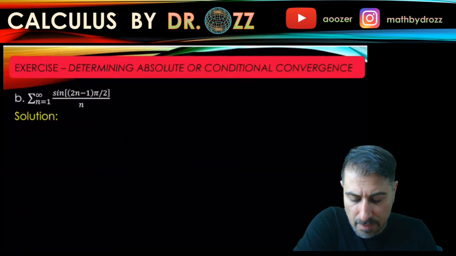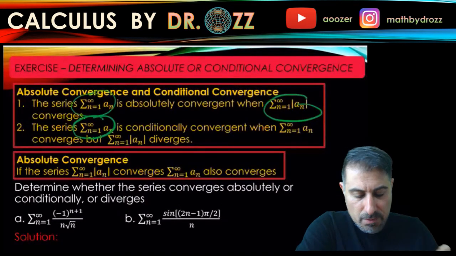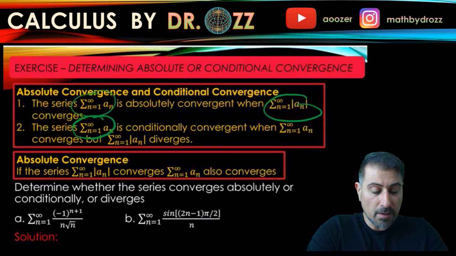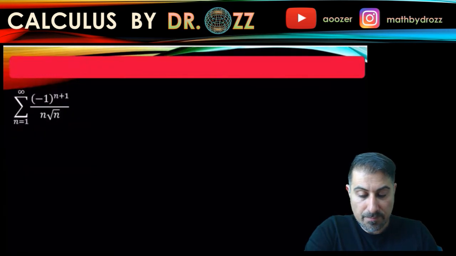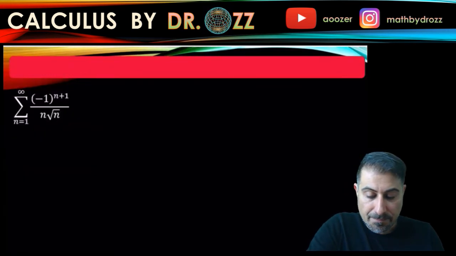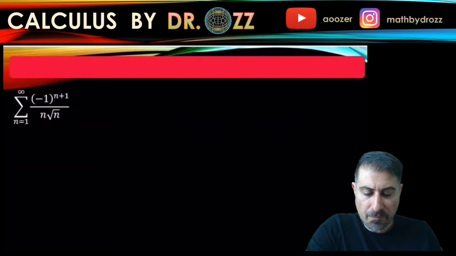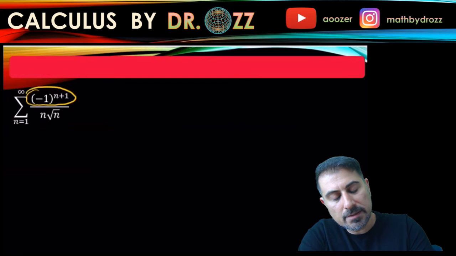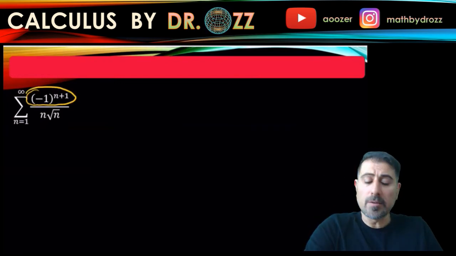We have negative 1 to the n plus 1 divided by n square root of n. First of all, this is an alternating series because we have the alternation going on here. And we have a designated test for that, which is the alternating series test. So why don't we apply the alternating series test for this problem?